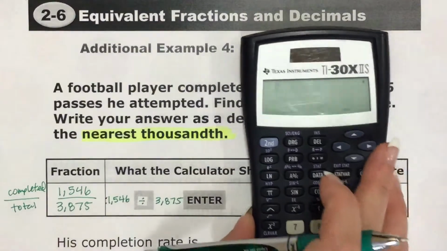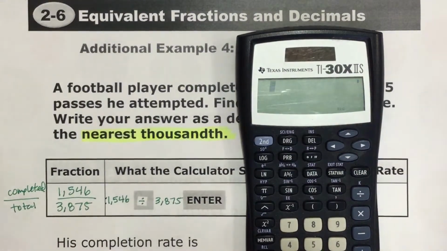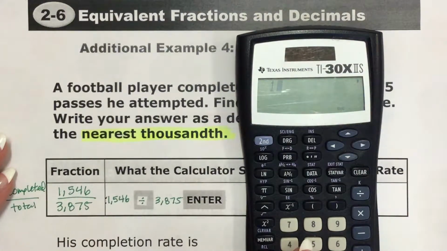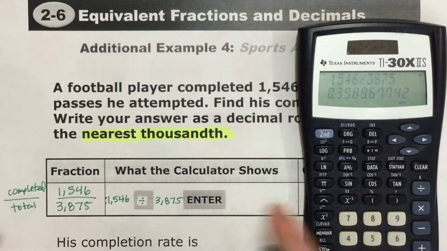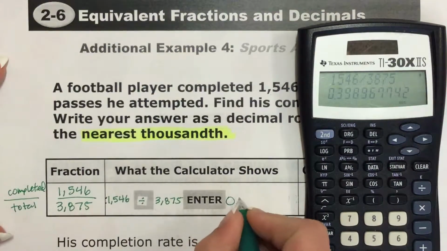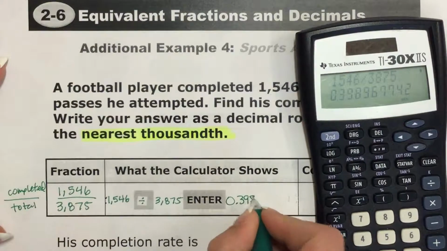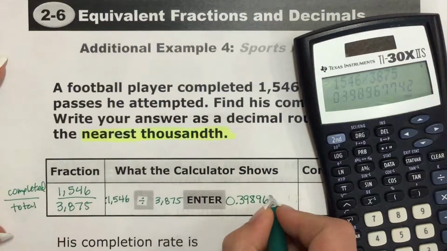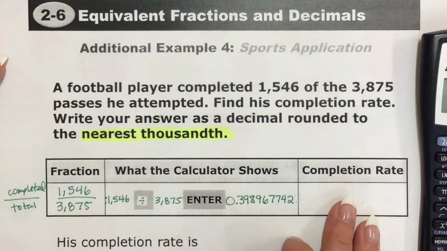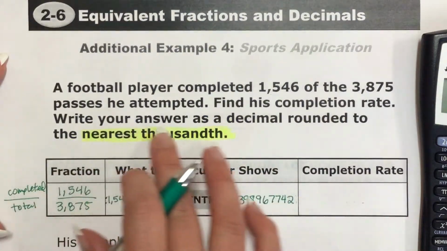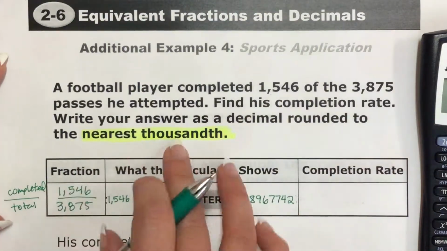So if we were to put that into our calculator, it looks like this. 1,546 divided by 3,875, and then we press enter, and we end up with this really, really super long decimal, and we're going to write it all out. 0.398967742.